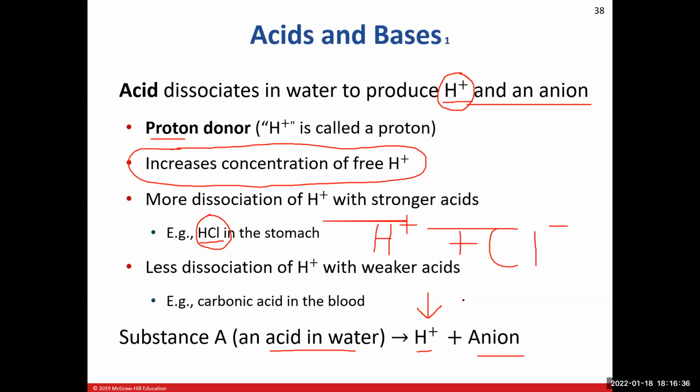Stronger acids will see a lot more dissociation; it's real easy for them to break apart. Weaker acids, it's not as easy, so we see less dissociation in weaker acids. More dissociation in stronger acids basically just means the acid breaks down into the proton and the anion.